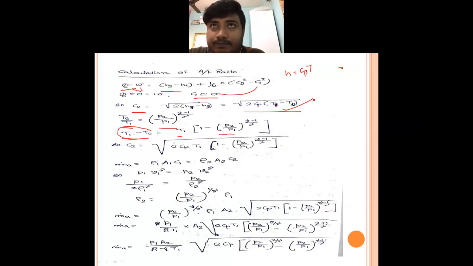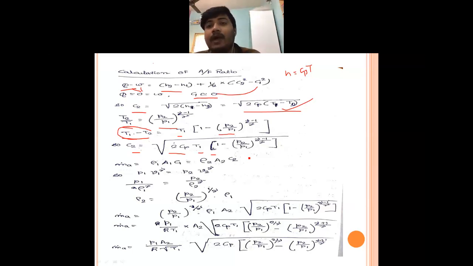इधर put करेंगे. If we put the value of T1 minus T2 over there, we will get the equation like this: C2 is equal to the square root of 2 Cp T1 multiplied by 1 minus P2 by P1 to the power gamma minus 1 by gamma.